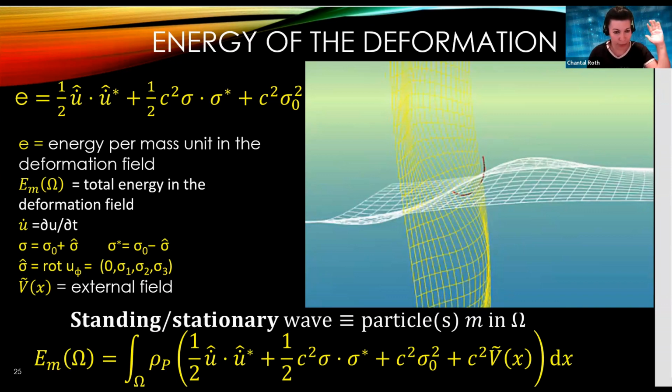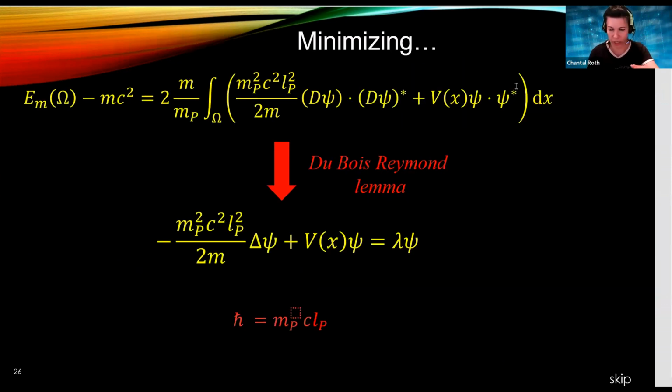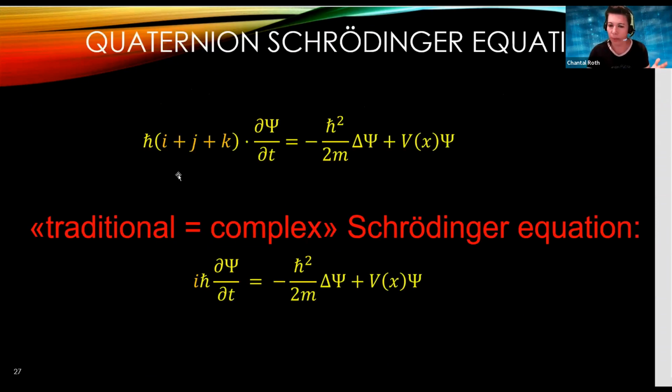So basically what we're doing, we take this energy equation, we minimize with the Dubois-Raymond lemma, and Marek can answer any questions about this if you want to, and we get to the Schrödinger equation. So now there's not really much difference to the traditional complex Schrödinger equation. The only difference really is that we use quaternions. So it's not that much difference. It's not so surprising, really.